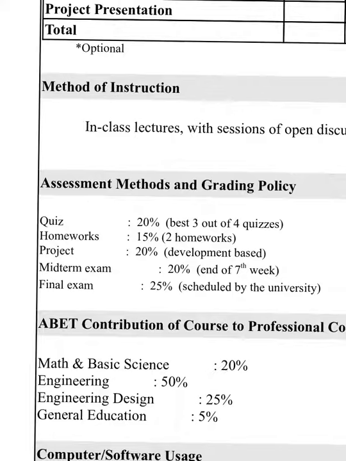I have to iterate and reiterate that we will take the best 3 out of 4 quizzes. Okay? In which case, none of the quizzes is going to be repeated again. If you miss a quiz, that's counted as part of these 4 quizzes. If you miss one, then that's it. So the other 3 are going to be counted. Okay? Quizzes are not going to be repeated.